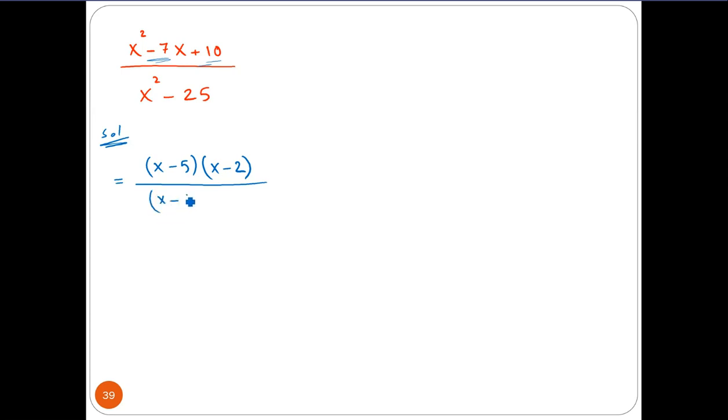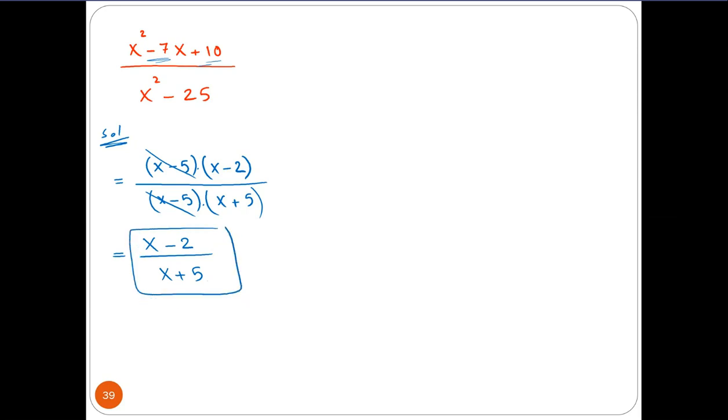Good. x minus 5 or x plus 5. Here we have two brackets in numerator and denominator the same, multiplied with another bracket. لاحظ الشروط: عندي نفس القوس مكرر والقوس اللي فوق مضروب والقوس اللي تحت مضروب باللي جنبه. So x minus 5 with x minus 5, and we have the final result x minus 2 over x plus 5. This is the final result.